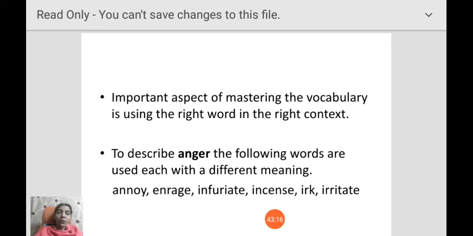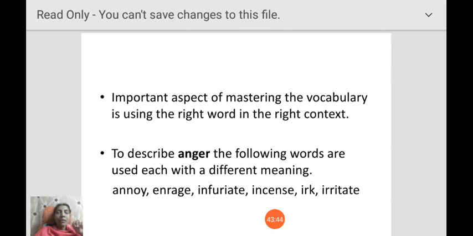You may know the meaning, but if you are unable to use the word in the right context, then it means that you are unable to speak the language well. So let us take the example of anger.